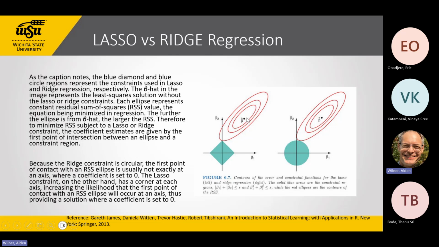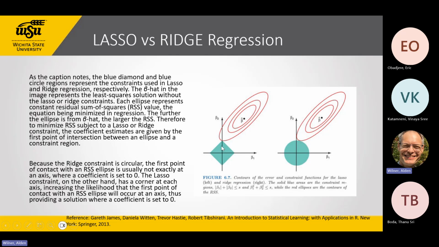The variability will make an egg-shaped, ovoid shape, and we'll be pulling on that area. The question is, where is our intersection with our constraint? If we have a circular constraint, ridge regression, that point of contact is usually not on an axis. It is somewhere up in this coordinate space where your best OLS lies, right? So you're not pulling things to 0.